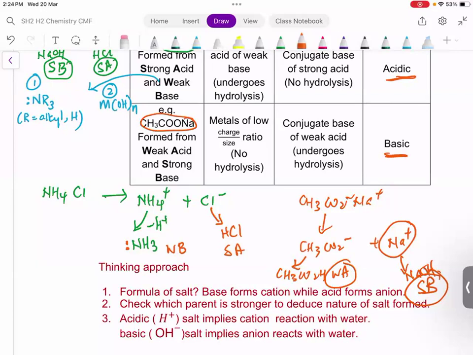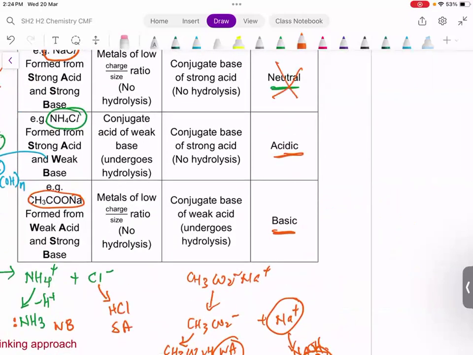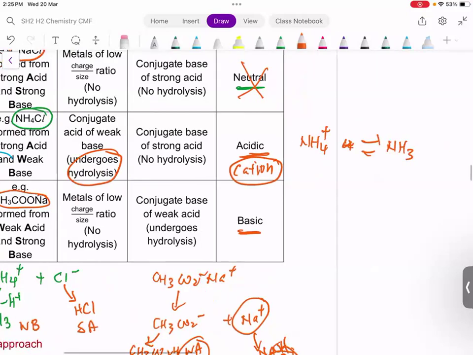Now, acidic means what? Neutral, nothing to say, there's no equation to talk about for a neutral salt. But when you have an acidic salt, for example ammonium, remember, to give an acidic salt, the cation must undergo hydrolysis. Positive charge produces H+. When this cation undergoes hydrolysis, it will dissociate to form ammonia and H+.